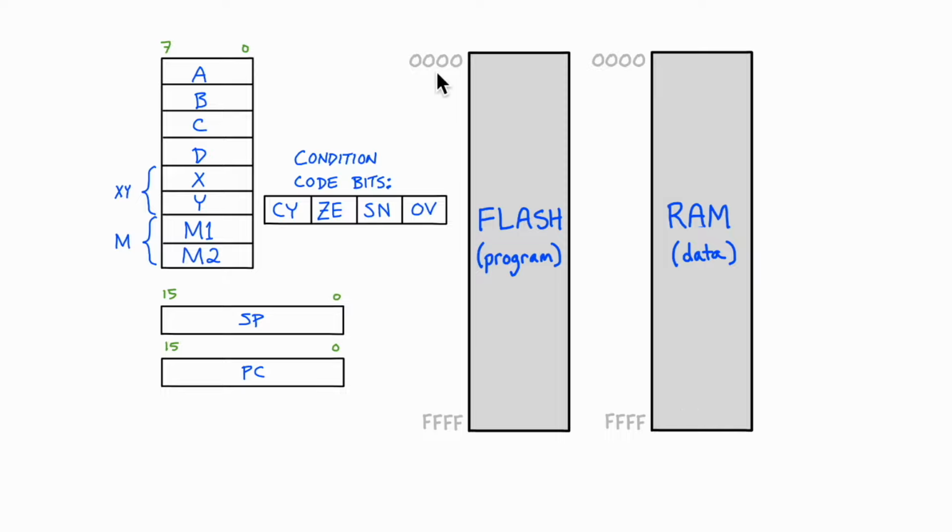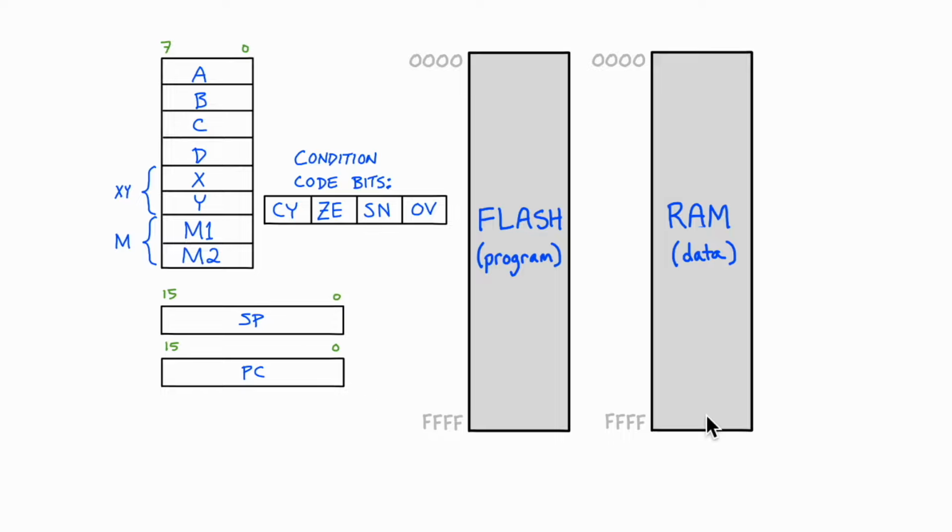So in order to access 64 kilobytes, we need 16-bit addresses, and that's why the program counter is 16 bits and the stack pointer is 16 bits. The program counter will index into the program memory, and the program memory is addressed from location 0 at the so-called bottom of memory, or the beginning of memory, all the way up to a number with 16 1-bits, which is FFFF in hex.